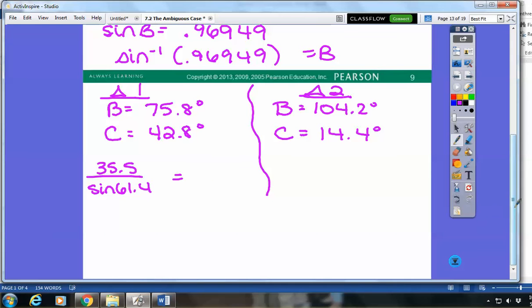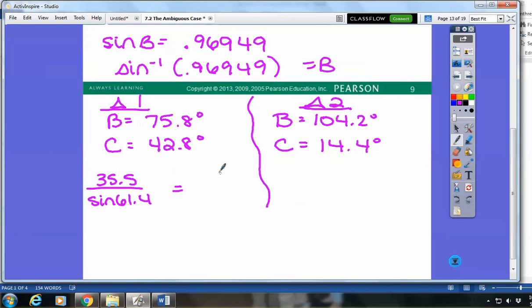equals side, which side am I looking for here? C, over sine of C, and we found angle C to be 42.8 degrees. So this is like yesterday's problems. Take it times the sine of 42.8.